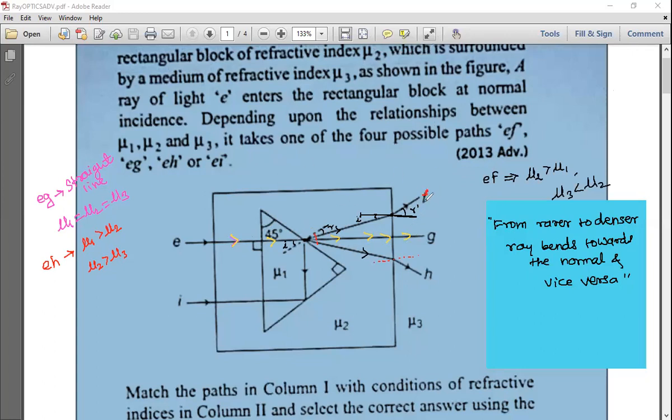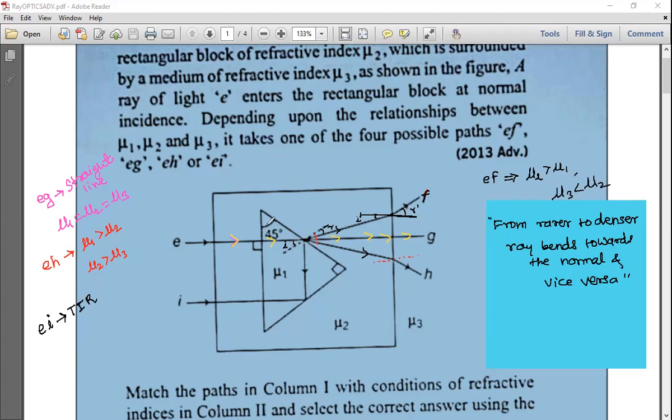Now for this path, EI, see at this interface the ray is getting internally reflected, and this is 45 degrees. So for the EI path, the condition of total internal reflection we have to follow. Yes or no?